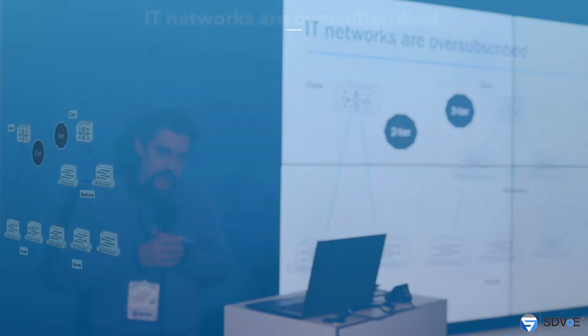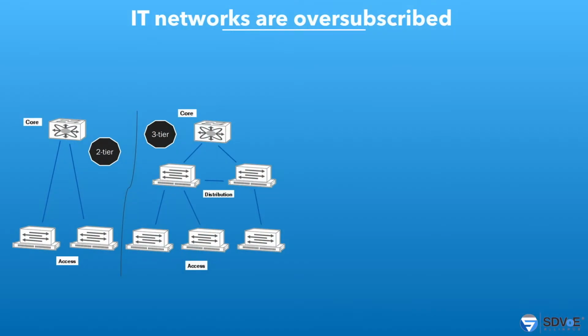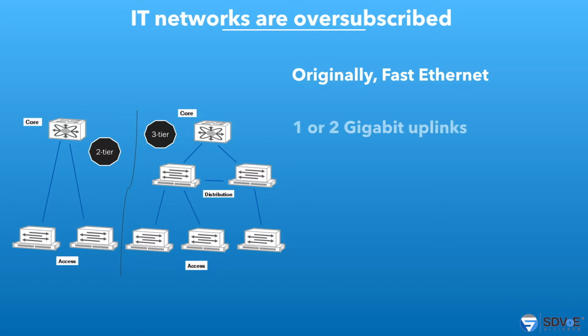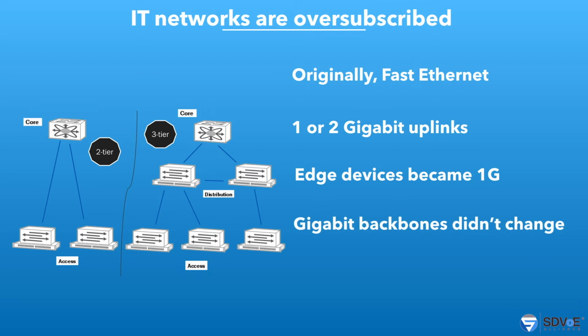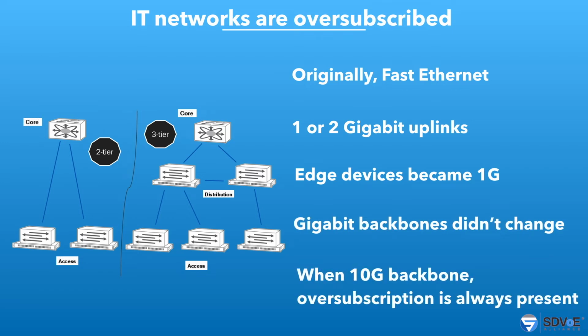IT networks are built this way. For almost 25 years, since the beginning of Ethernet networks and TCP/IP, Ethernet networks are based on a star system with a core switch, a core layer connecting access switches in a star topology.